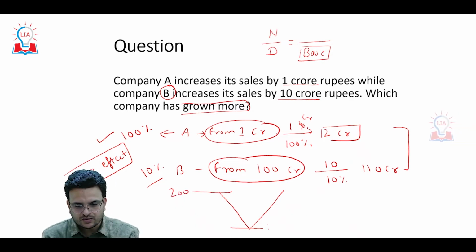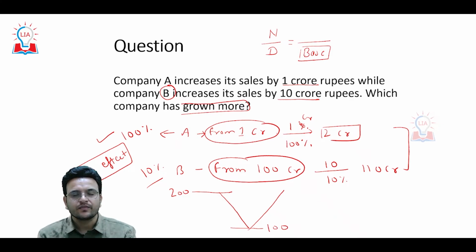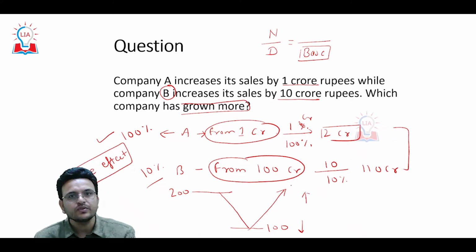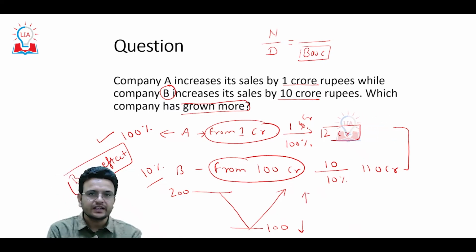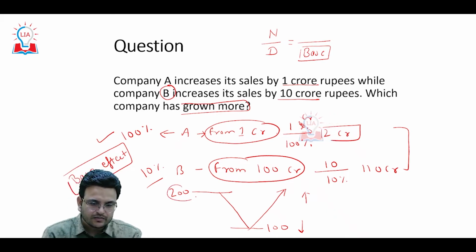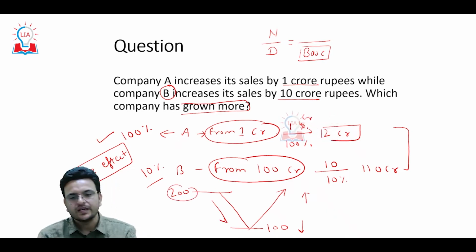Now it has come down to 100. From 100 it has started to increase. When the base is coming down, then growth will start to increase. This growth is not increasing because of more production. It is because of the coming down of the base. So in percentage again you have to understand base is very important.